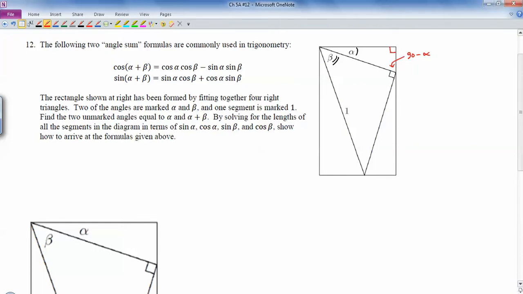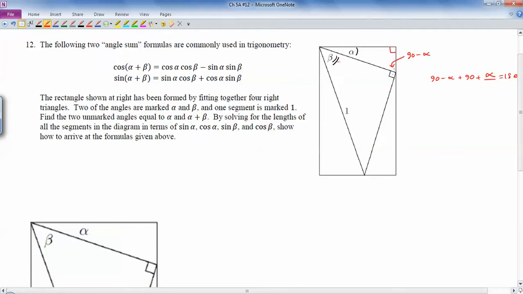This angle is 90. If I add it to this angle right here, I should get 180. So 90 minus alpha plus 90 plus that missing angle has to equal 180. And the only way that's going to happen is if that missing angle is alpha. So this angle right here is alpha.